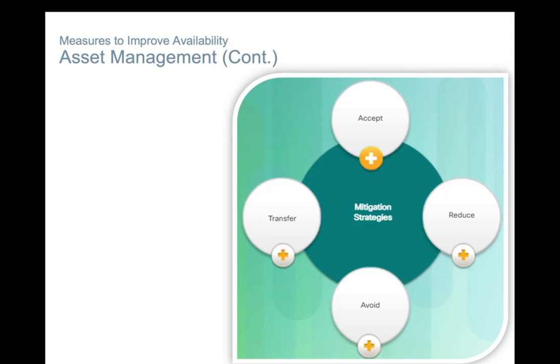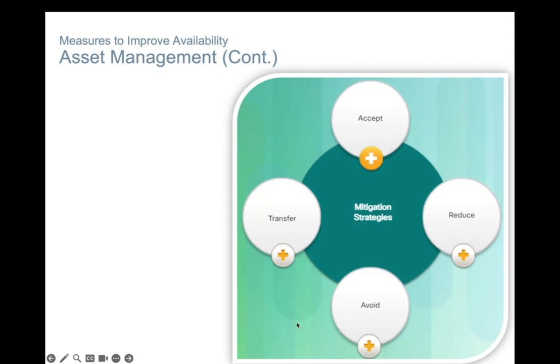There are four common ways to reduce risk in this mitigation strategy: accept, reduce, avoid, and transfer.